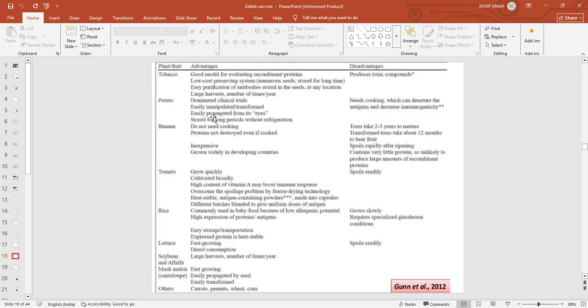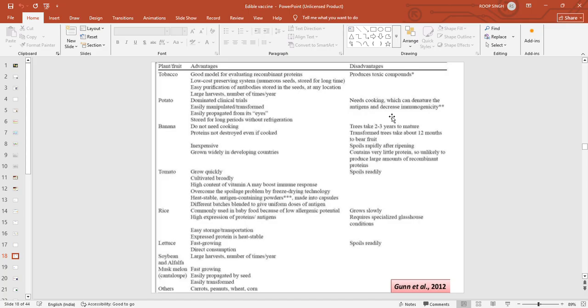Potato can be easily manipulated, easily propagated, and stored for a longer period without refrigeration. As you know, potatoes can be stored at room temperature for a long period of time. This is the advantage of potato. The only disadvantage of potato is that it needs cooking, which can denature the bacterial or viral antigens and then decrease the immunogenicity.